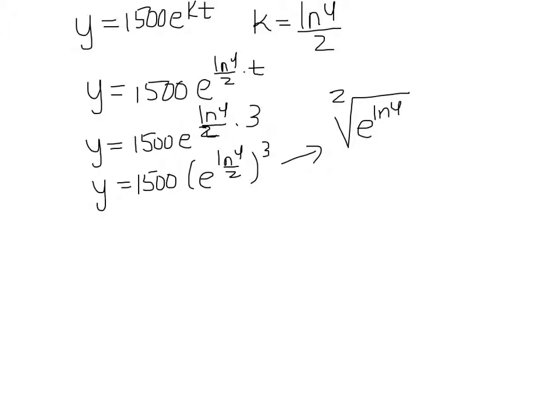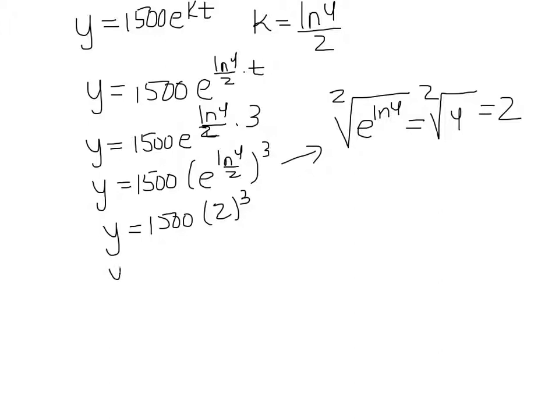And e to the natural log of 4 is just 4. So that's the square root of 4, which is equal to 2. So I'm going to replace that and say that this is 1,500 times 2 cubed. 2 cubed is 8. 8 times 1,500 is 12,000. So on the third day, we're looking at 12,000 bacteria.